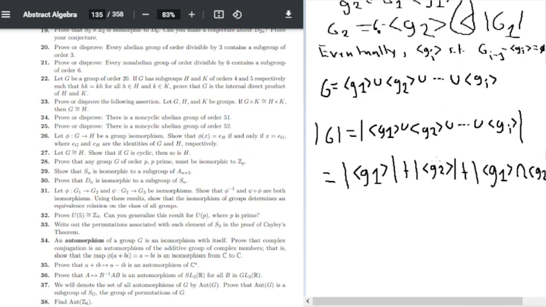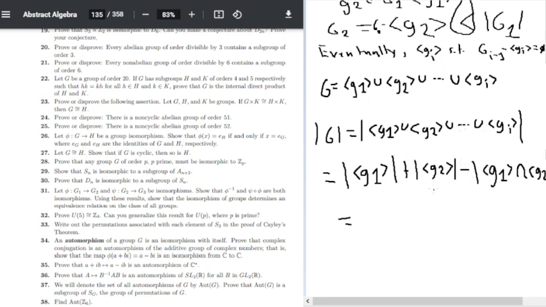Now, the only things we have to care about, since the Gi were chosen to be disjoint, are G1, G2.